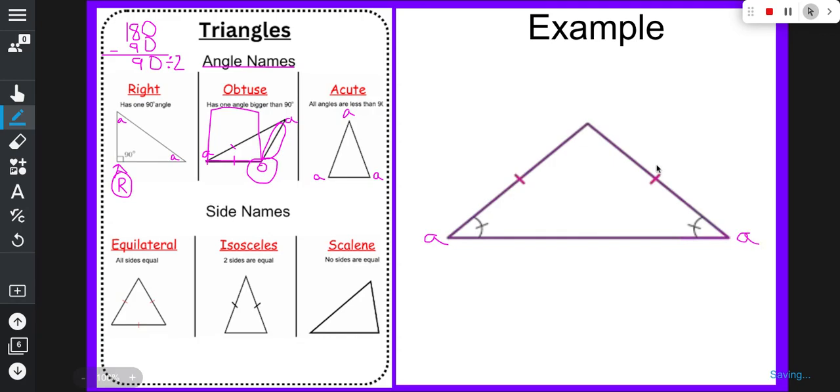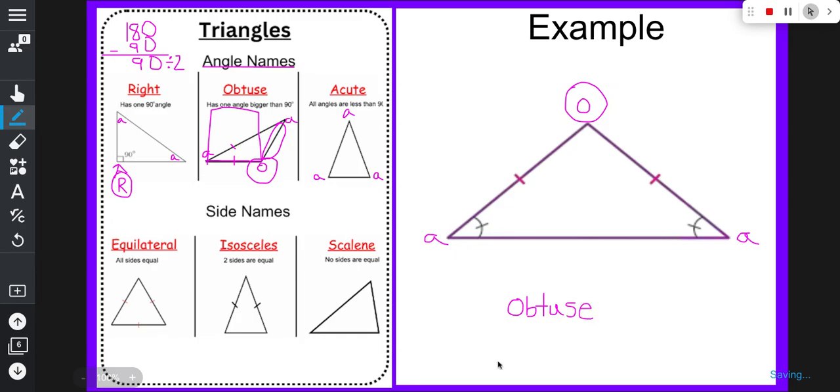This angle right here, we might have to take our piece of paper and measure it, but it is obtuse. It's slightly bigger than 90 degrees. So because this had anything other than acute, it is going to have the name of that angle. So in this case, its first name is obtuse.